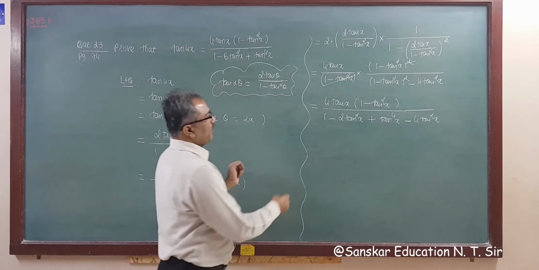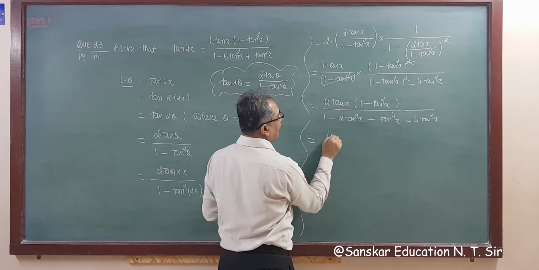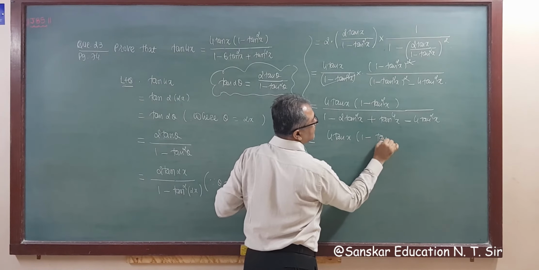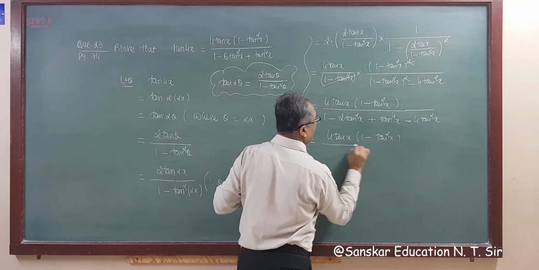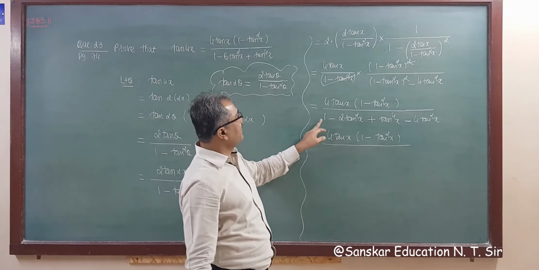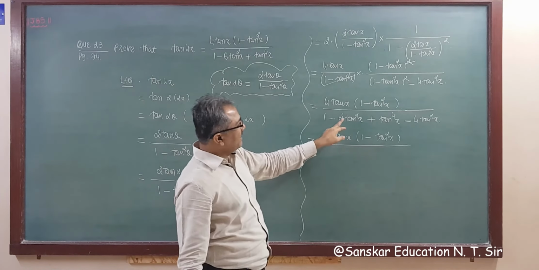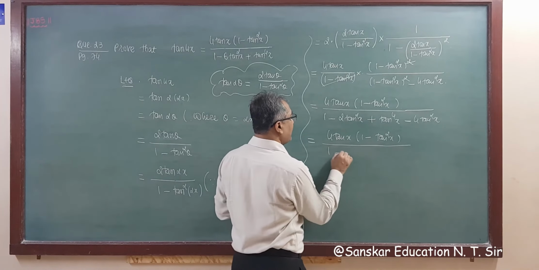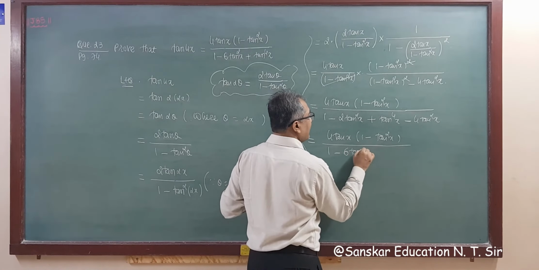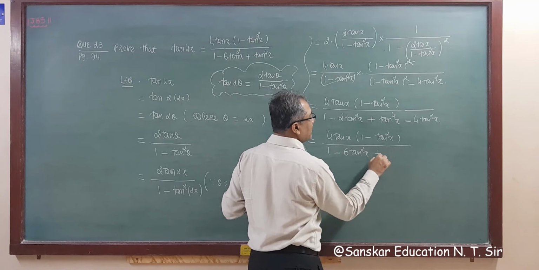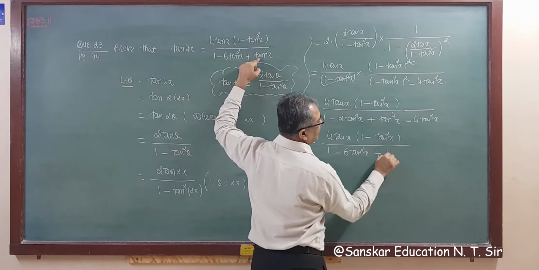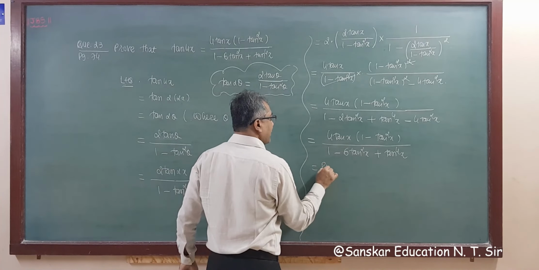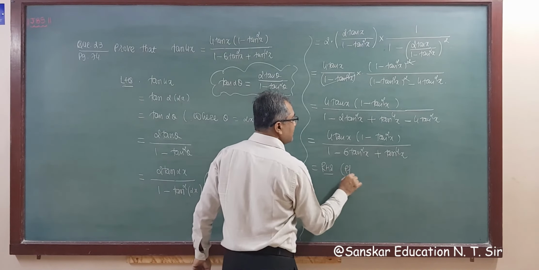We require the numerator as it is. So 4 tan x into 1 minus tan square x whole upon 1 minus 2 minus 4, that is minus 6 tan square x, so 1 minus 6 tan square x plus tan raised to 4 x. So this is your right hand side, and hence this is proved.